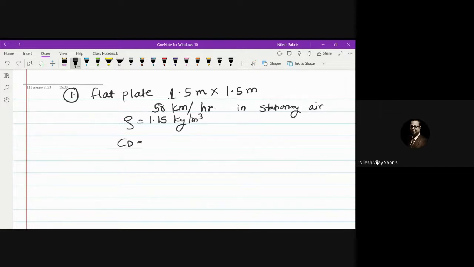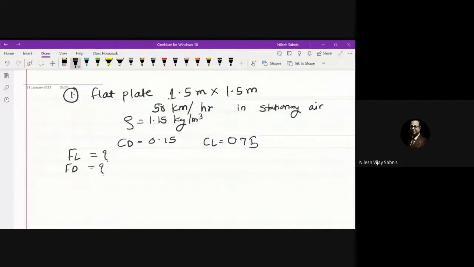CD is given 0.15 and CL is given 0.75. We have to find out lift force, we have to find out drag force, and later we have to find out the power. So it's a straightforward problem.